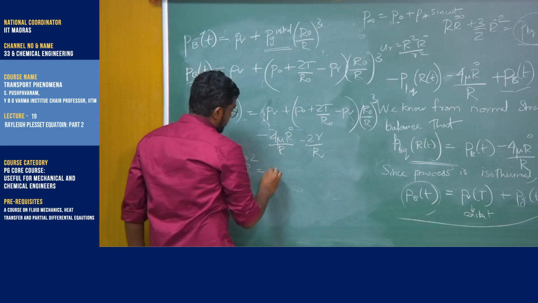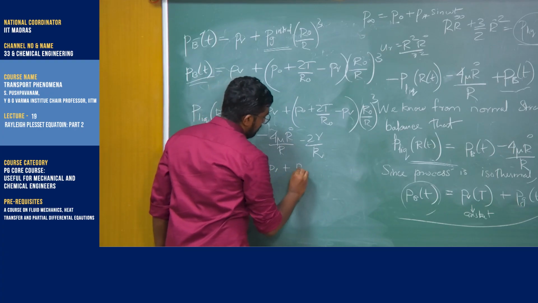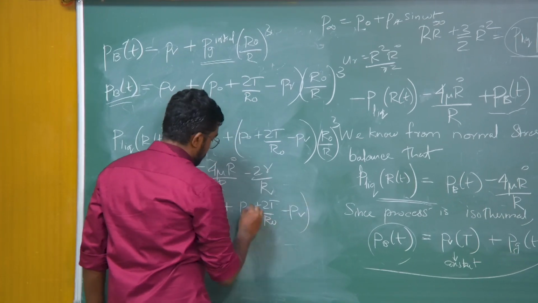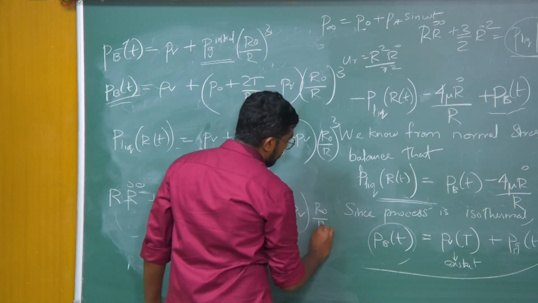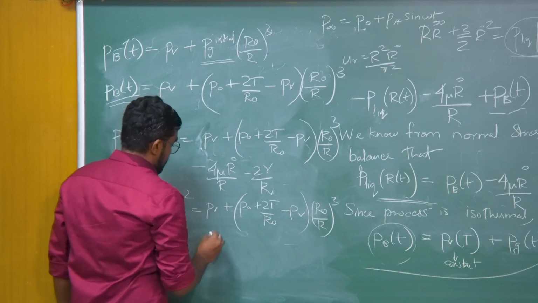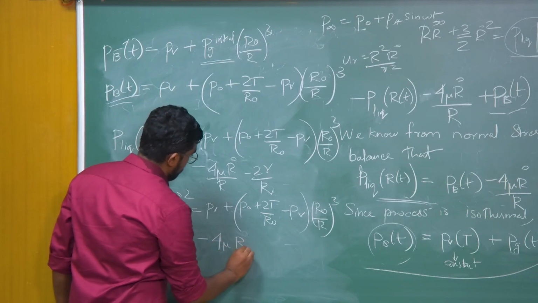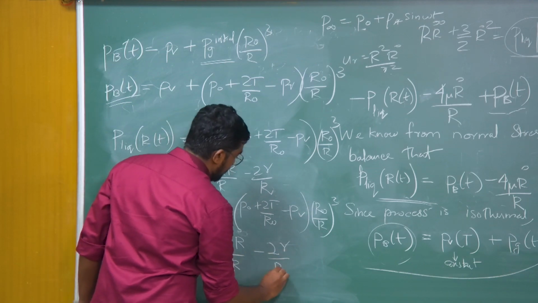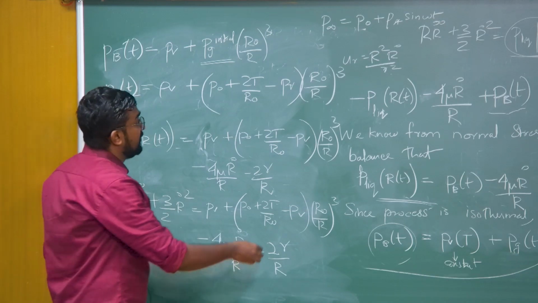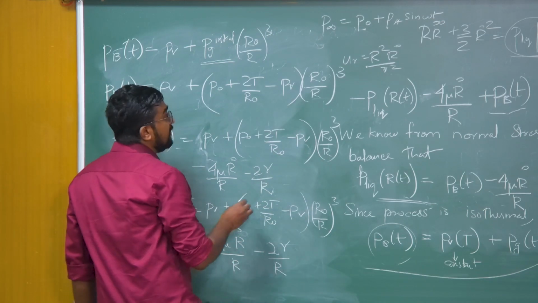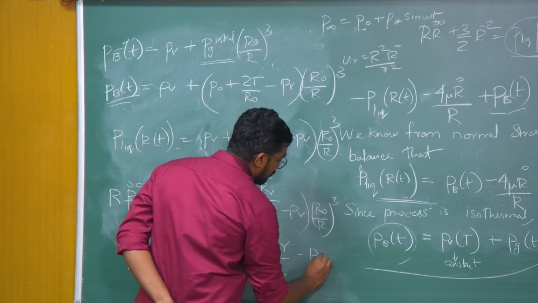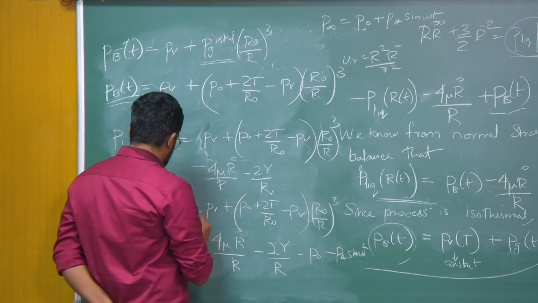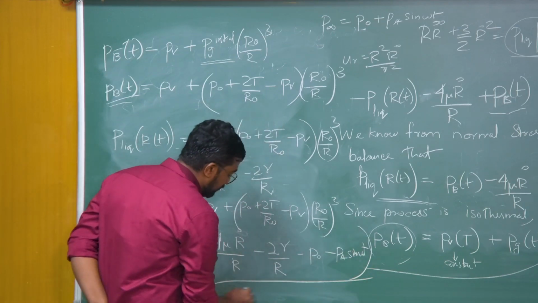So, we will get Pv plus P0 plus 2T by R0 minus Pv, R0 by R the whole cube, minus 4 mu R dot by R minus 2 gamma by R. So, the entire thing minus P0 minus PA sin omega t, the entire thing by rho.